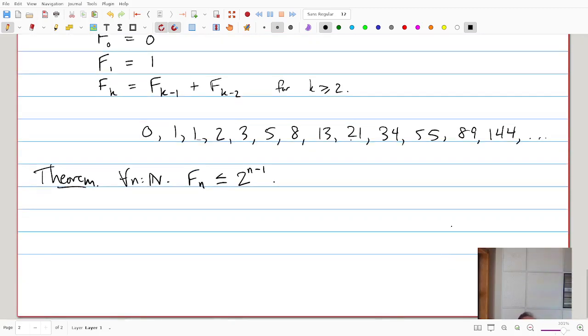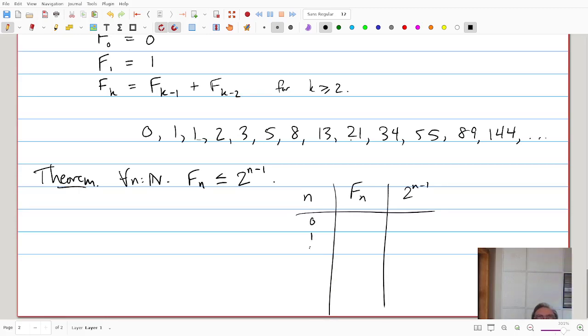And we can try some examples just to see if we believe this. Let's make a little table: here's my n, here's Fn, here's 2 to the n minus 1. So n is 0, 1, 2, and so on. Fn, we can just read off our list up here: 0, 1, 1, 2, 3, 5.